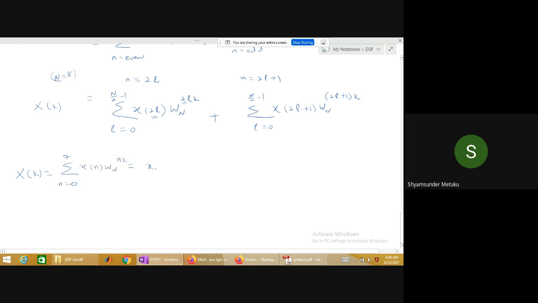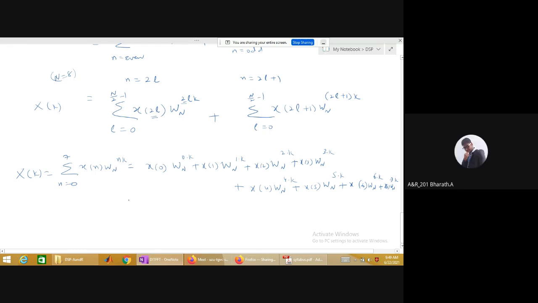Suppose if we expand, it will be something like this: x of 0 wn to the power of 0 into k, plus x of 1 wn to the power of 1 into k, plus x of 2 wn to the power of 2 into k, plus x of 3 wn to the power of 3 into k, plus x of 4 wn to the power of 4 into k, plus x of 5 wn to the power of 5 into k, plus x of 6 wn to the power of 6 into k, plus x of 7 wn to the power of 7 into k. Isn't it?